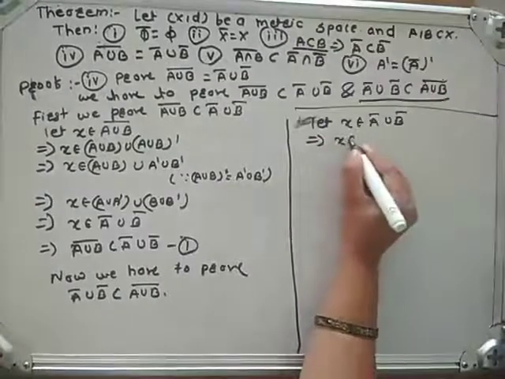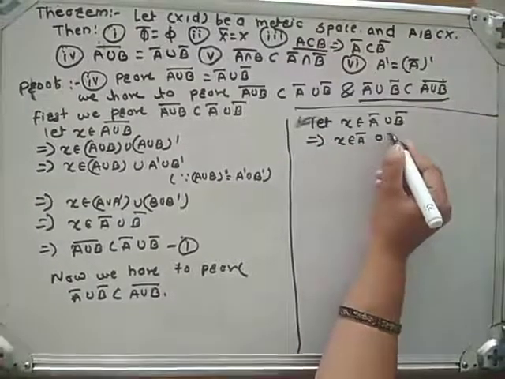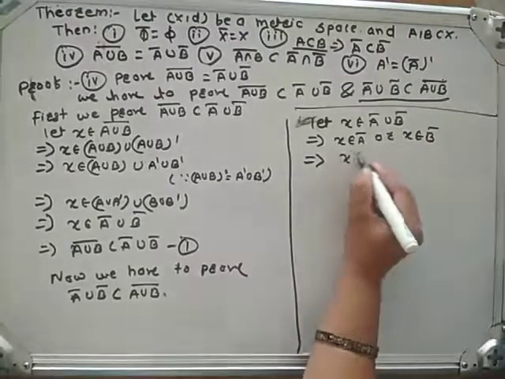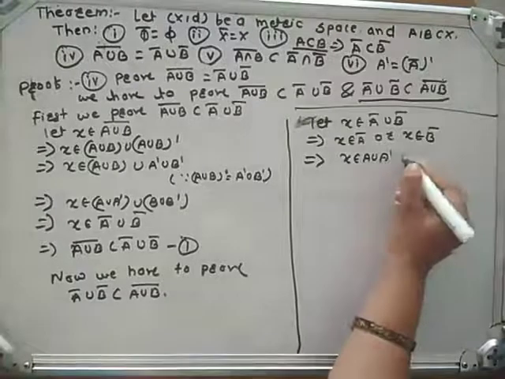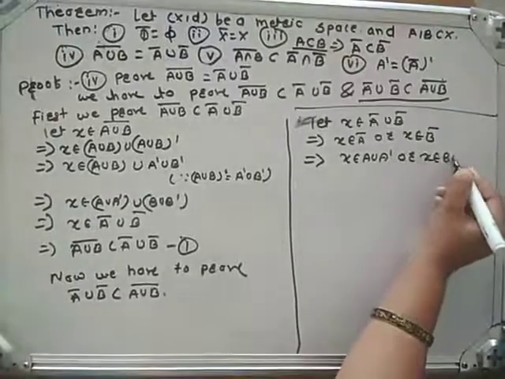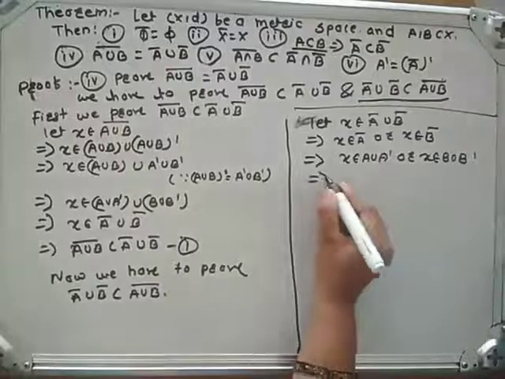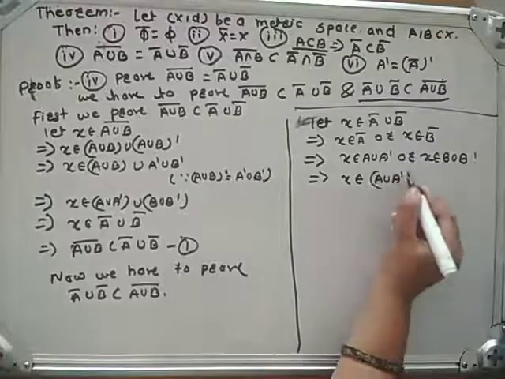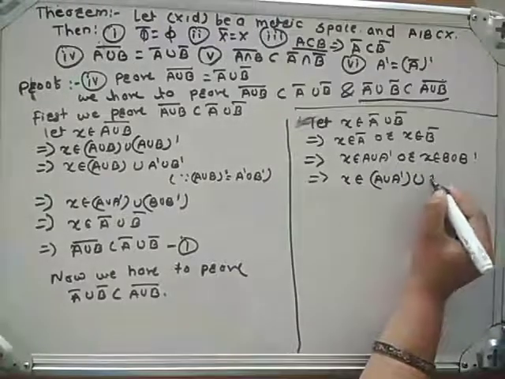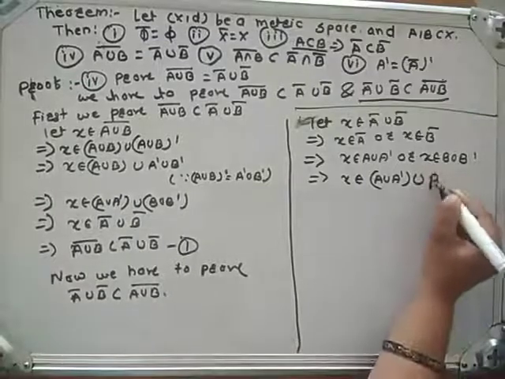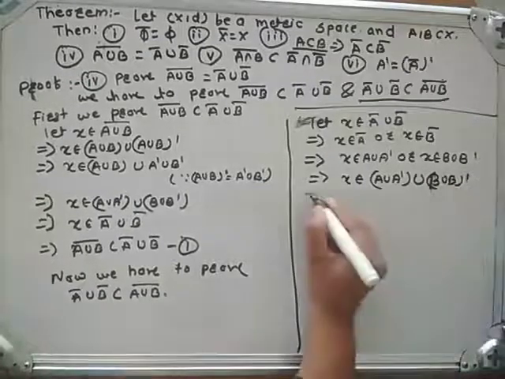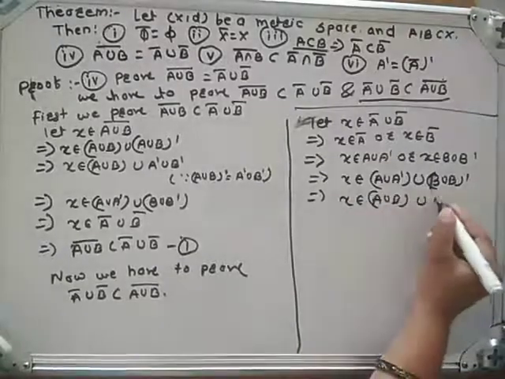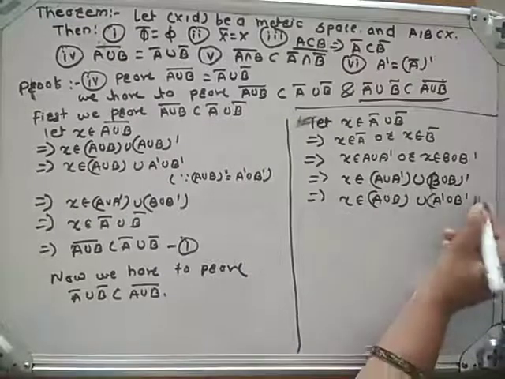That implies x belongs to A bar or x belongs to B bar. That implies x belongs to A union A dash or x belongs to B union B dash. This or is nothing but union. That implies x belongs to A union B union A dash union B dash.